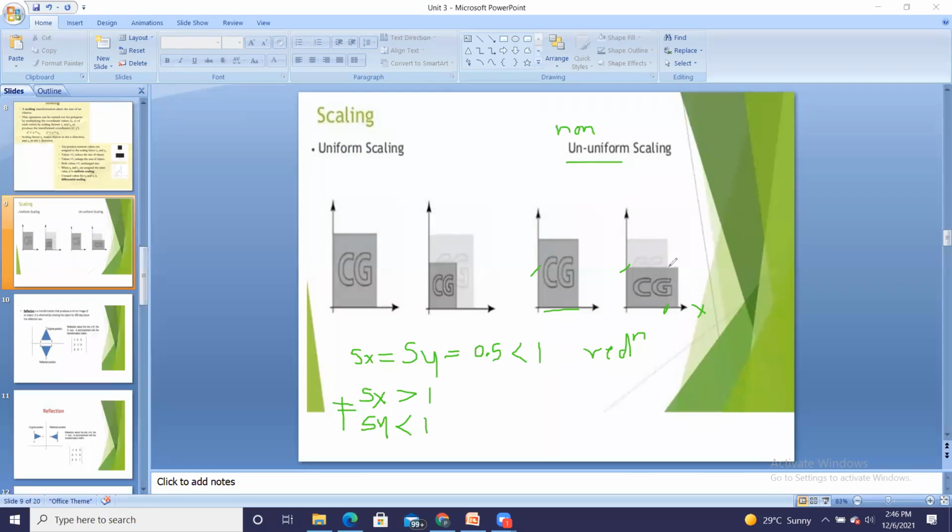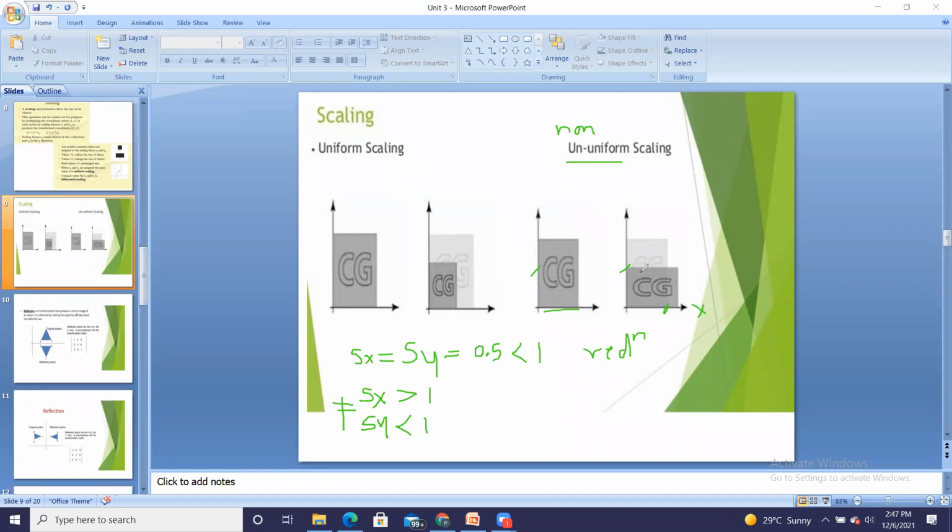Okay, all of you are getting it? Those who have said yes, that Sx and Sy are equal, are you getting the difference between these two diagrams? Yes, right, thank you. Here, Sx and Sy are the same because we are getting compression in both parameters.